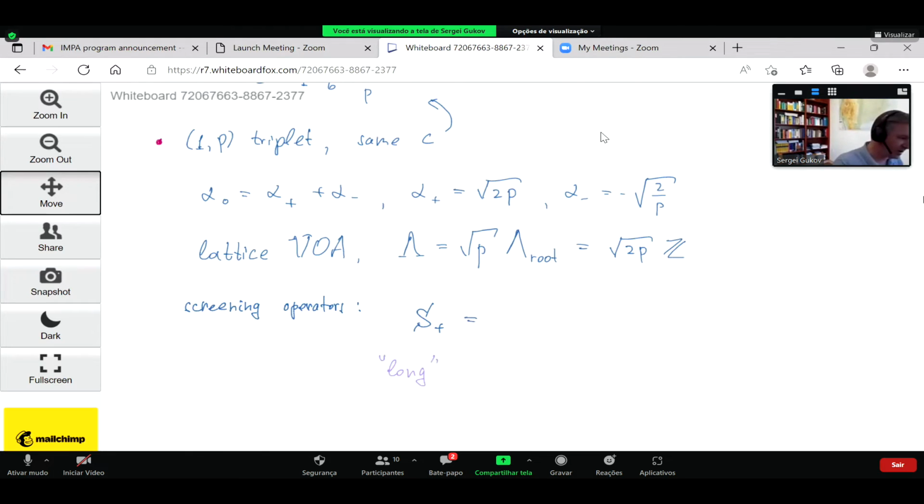And explicitly it is given by the integrated version of the vertex operator e to the alpha plus phi, where phi is the free boson in the free field realization. And the short one, I'll call it S minus, is the integrated form of e to the alpha minus phi. So this one is the short one.